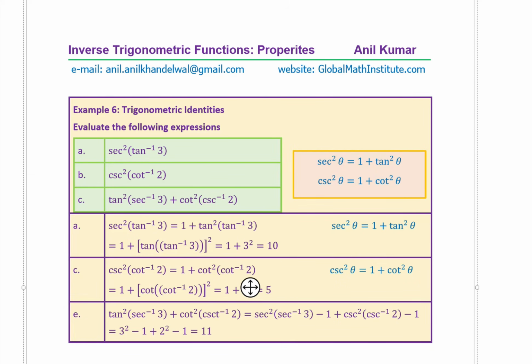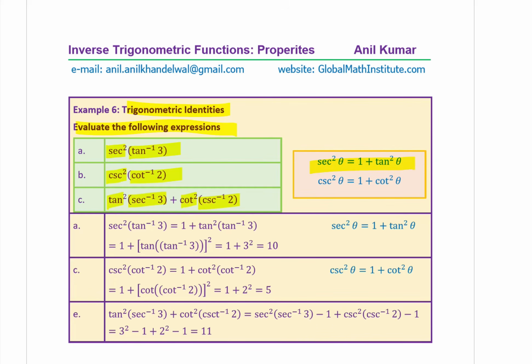Here is a variation. This time we are going to use trigonometric identities to simplify. Evaluate the following expressions. Three of them are secant square tan inverse of 3, cosecant square cot inverse of 2, tan square secant inverse of 3 plus cot square cosecant inverse of 2.